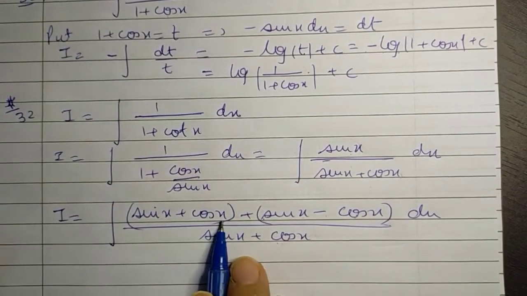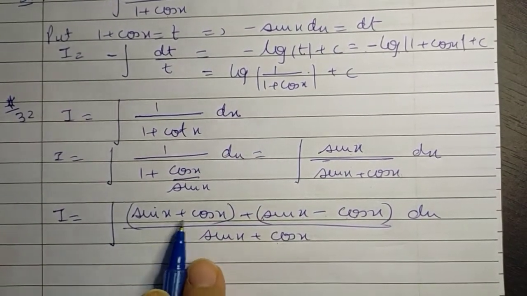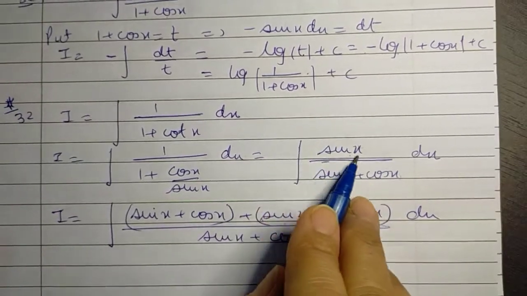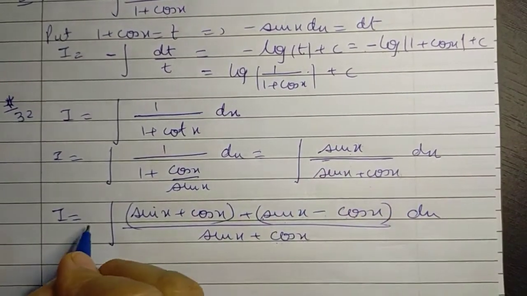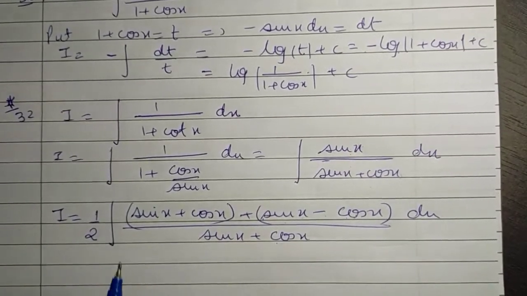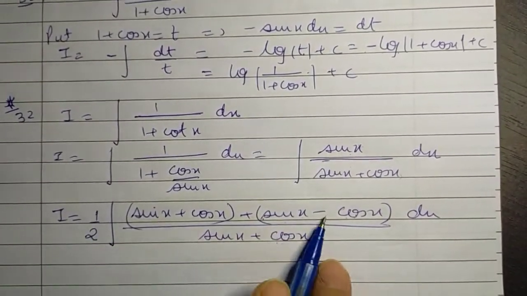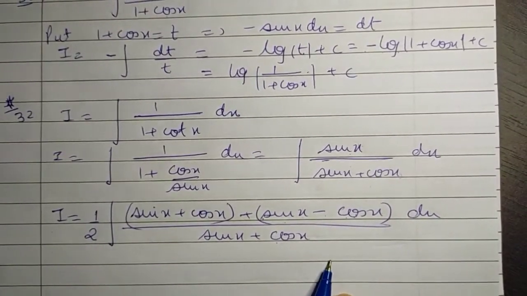Now what do we gain from this? Again, if you just simplify it, this cos x and this cos x get cancelled. You are left with 2 sin x, but we were given only a single sin x, so we will write it as half. Now writing in this manner, we have not made any change to the given function. We have only written it in a form convenient to us.